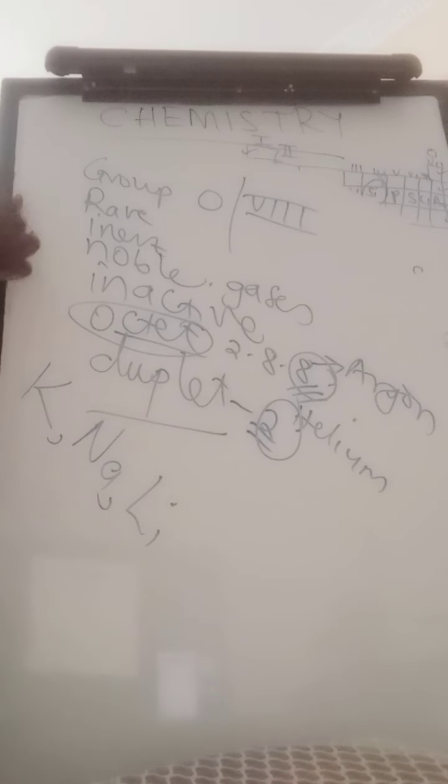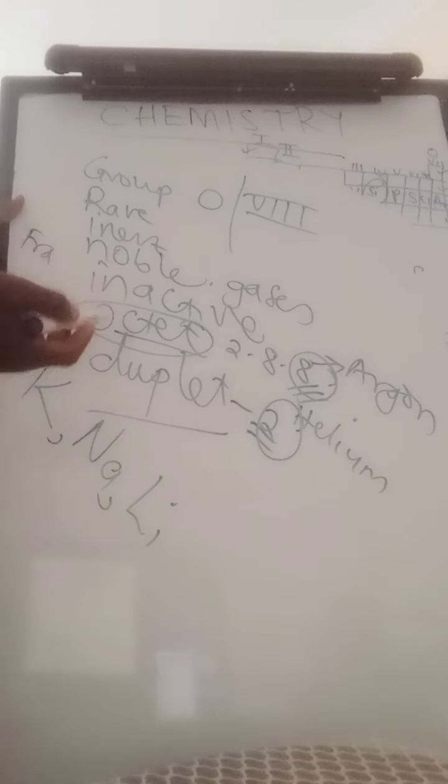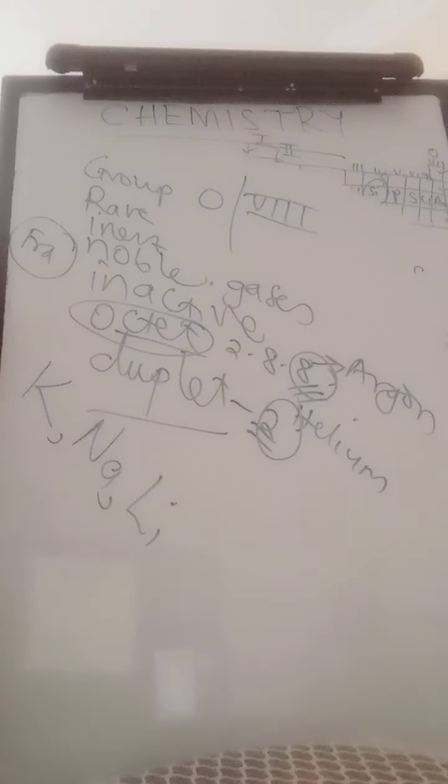But you can talk about francium, caesium, rubidium, isn't it? So if you talk about francium and caesium, you can easily know that francium is the last element among group 1 elements or alkali metals. So in that case, it ends up being the most reactive. Why? Because it has a larger atomic radius. So having a larger atomic radius makes it easily lose its loosely held outermost electron to the nucleus.